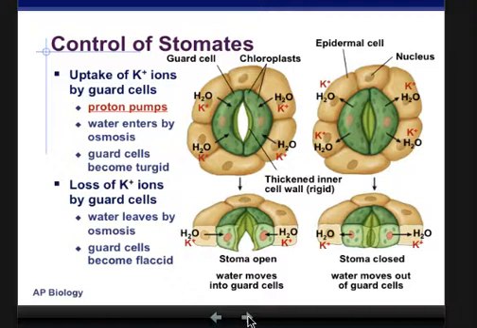So they go back and forth between being opened and closed, and that's how they do it, by the transport of potassium ions and water back and forth across the guard cell from the epidermal cell. So when water moves in, it gets turgid and it's open. When it moves out, it's flaccid and closed.